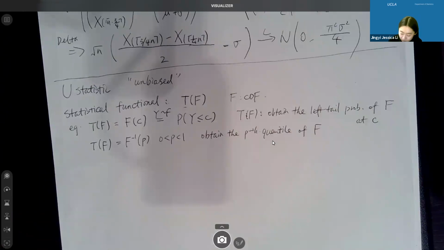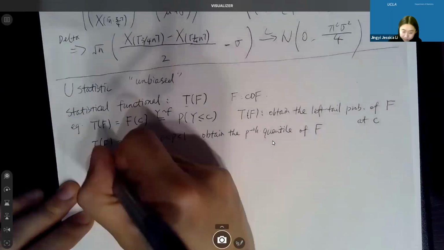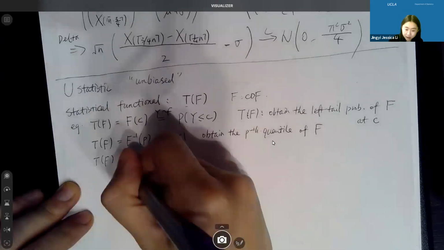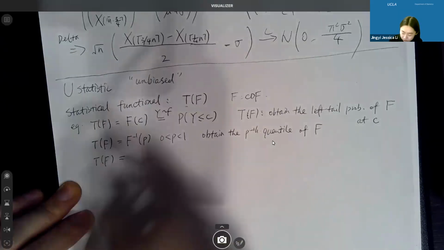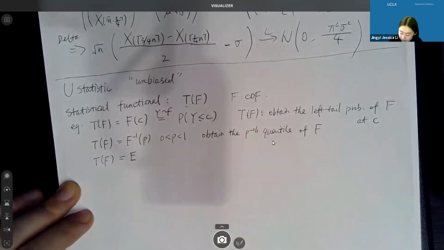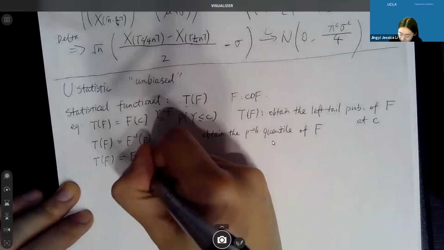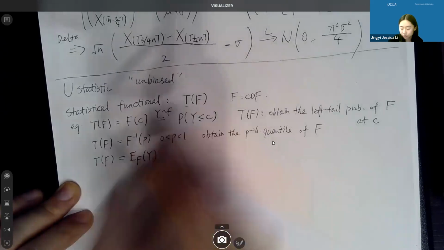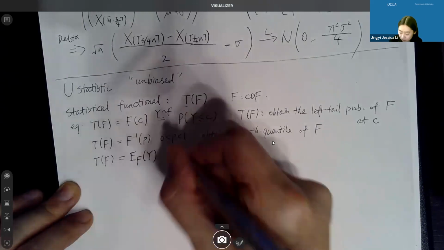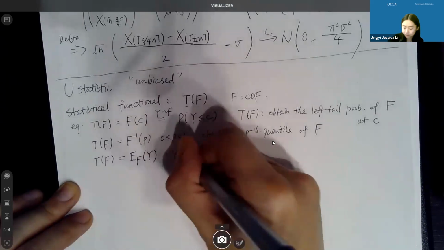As a third example, which we see most often, given this F, how about I want to know the expectation of F? In this case, I can write it as the expectation of Y, where Y follows the F distribution.